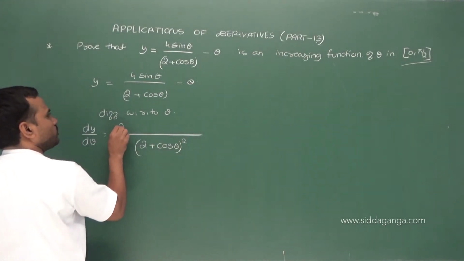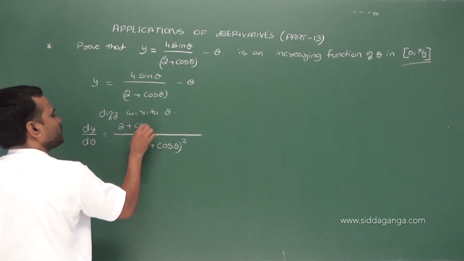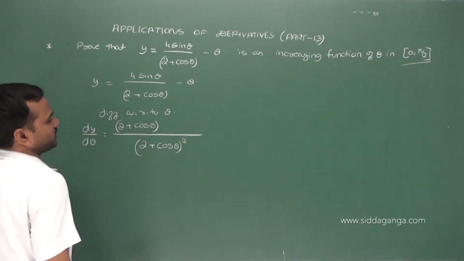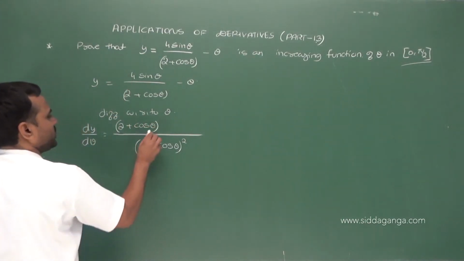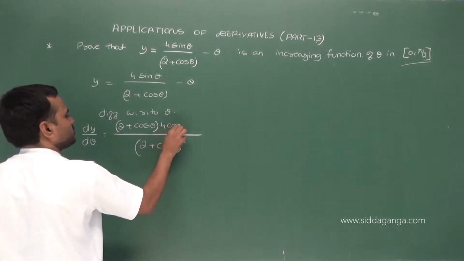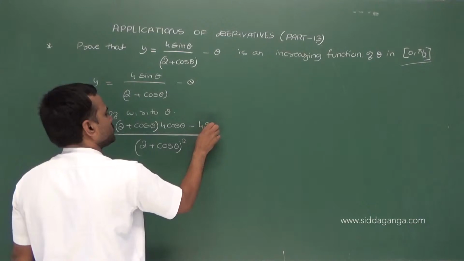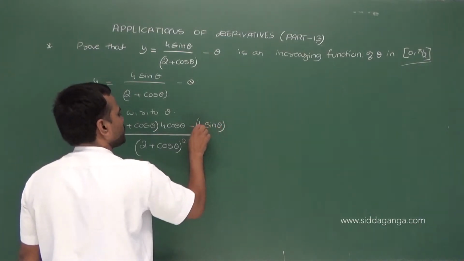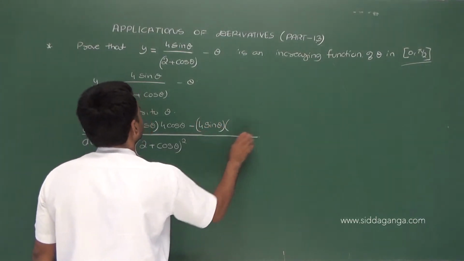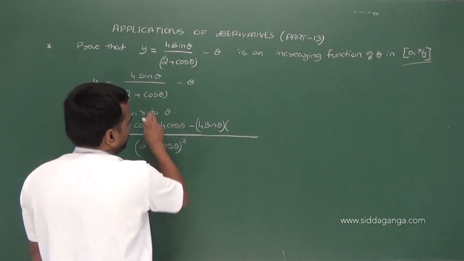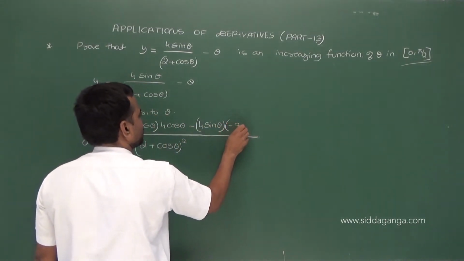Correct? 2 plus cos theta into derivative of numerator 4 cos theta, minus 4 sin theta into derivative of 2 is 0, derivative of cos theta is minus sin theta.